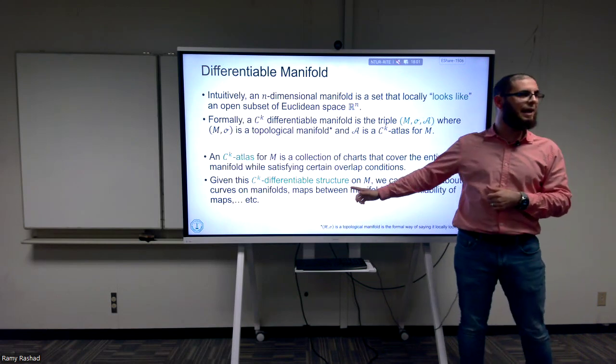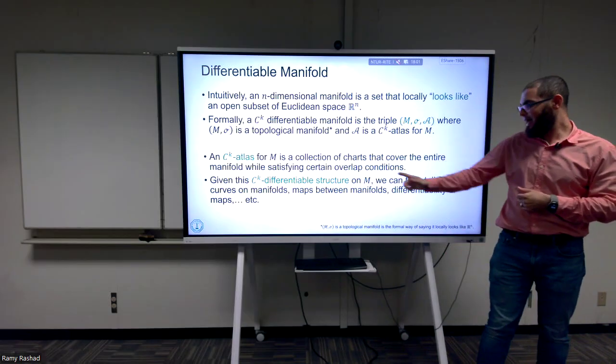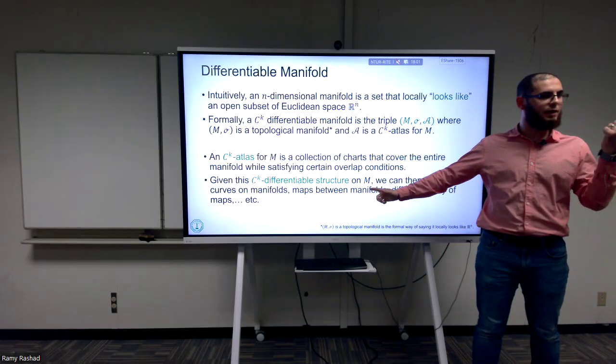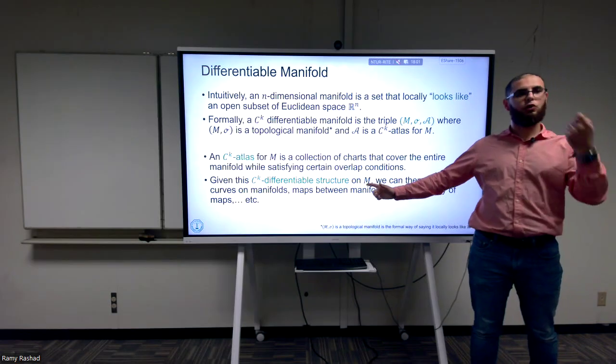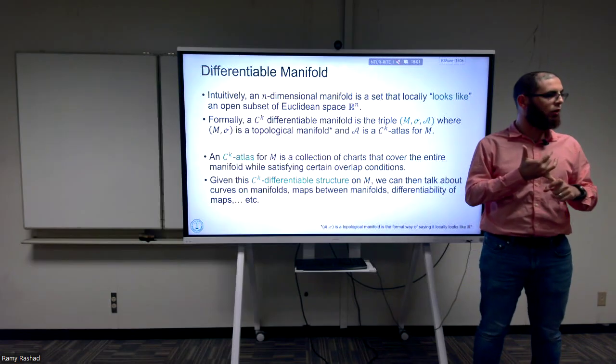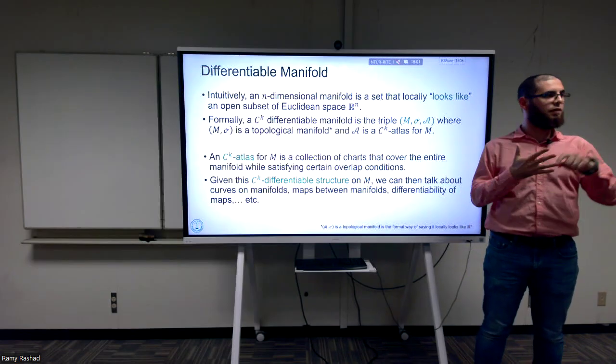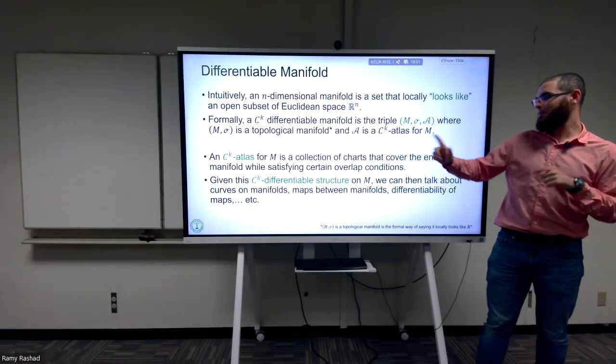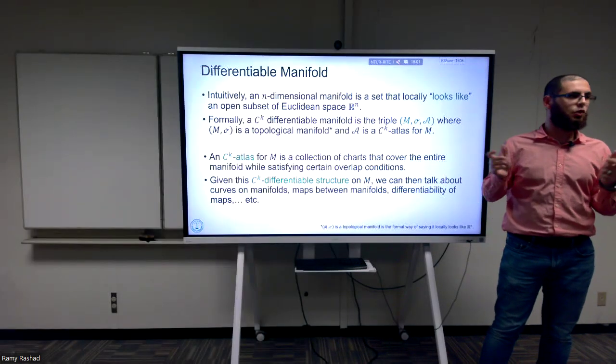We call this a CK differentiable structure. If you give this structure to a manifold M, you can talk about curves on the manifold, functions on the manifold, maps between manifolds, differentiability, and so on.